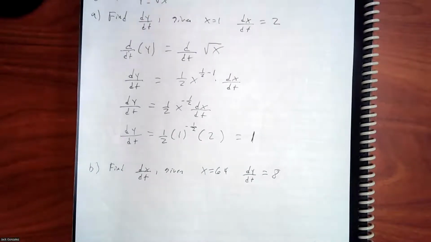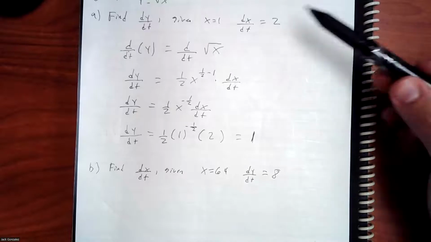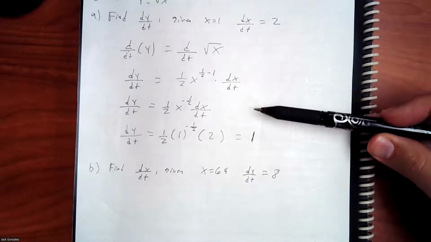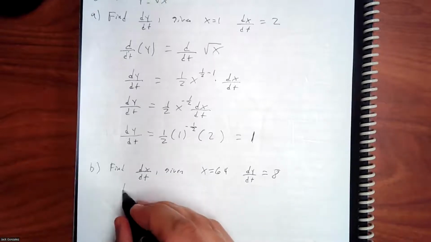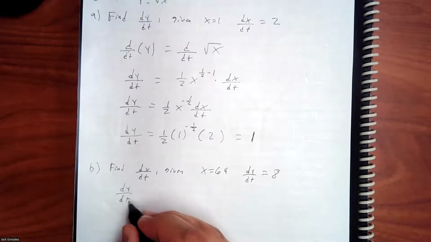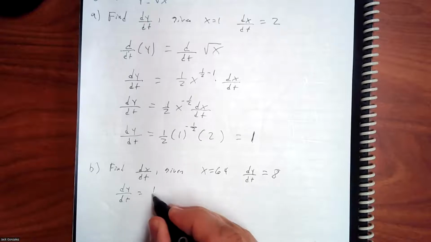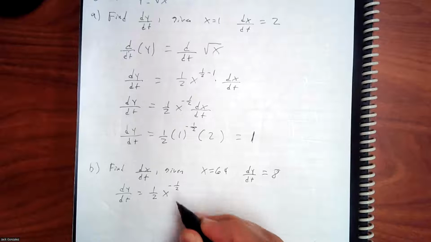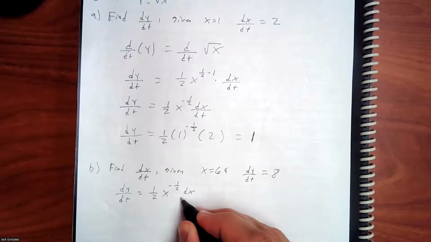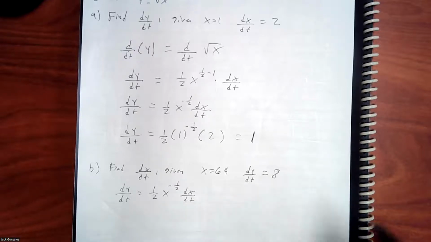So given dy/dt is equal to 8 and x is equal to 64, find dx/dt. We already took the derivative here, so we can use that as a starting point.